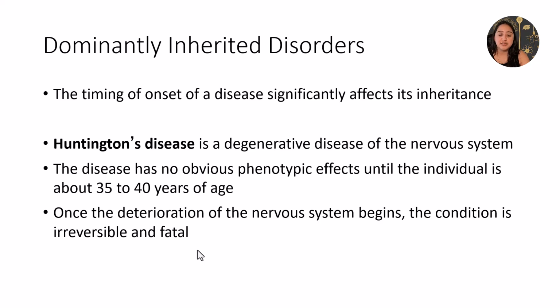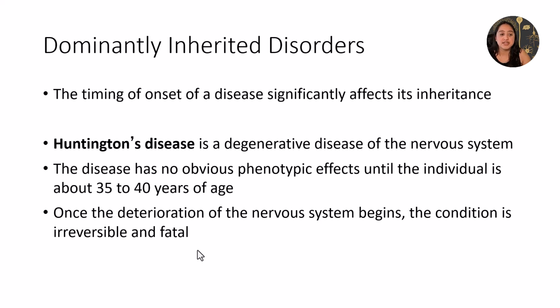So the timing of onset of that disease or any other disease really affects how it's inherited. If somebody is going to pass away before they can even reach the age to pass on their genes, then it's not going to get passed on as much.